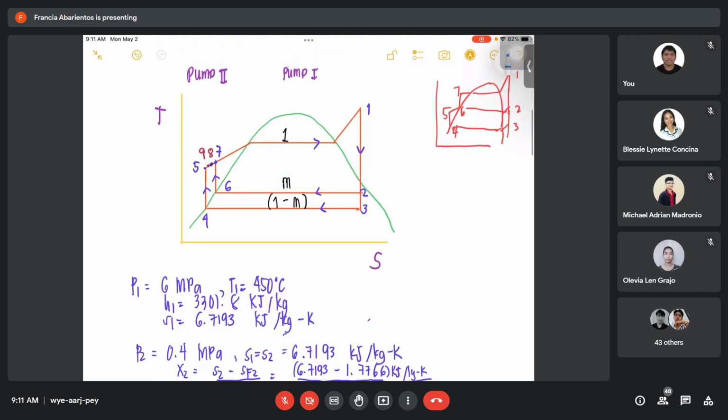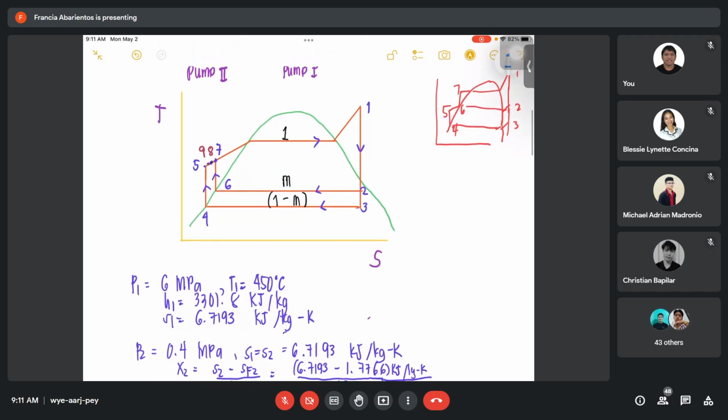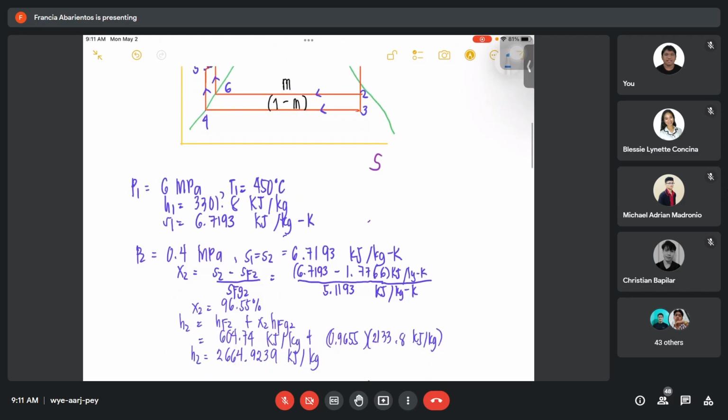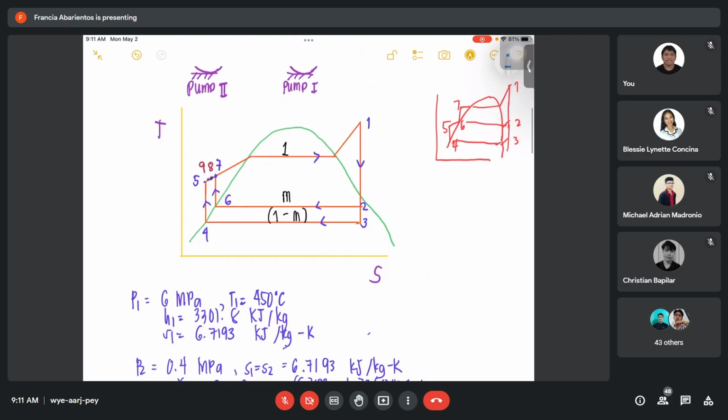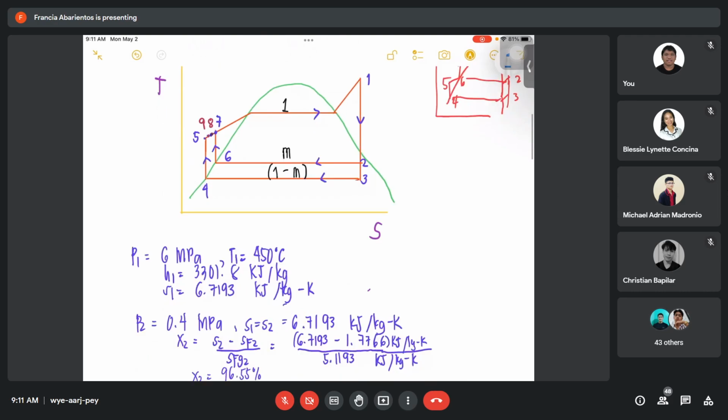Makuha natin to using the first solving the quality of the steam at the given. Given sa atin yung S1, sabi ko nga constant yung entropy natin. So, from process 1 to 2, it will undergo a constant or the isentropic process. Okay? So, we have now the pressure at point 1 and the pressure at point 2. Okay.